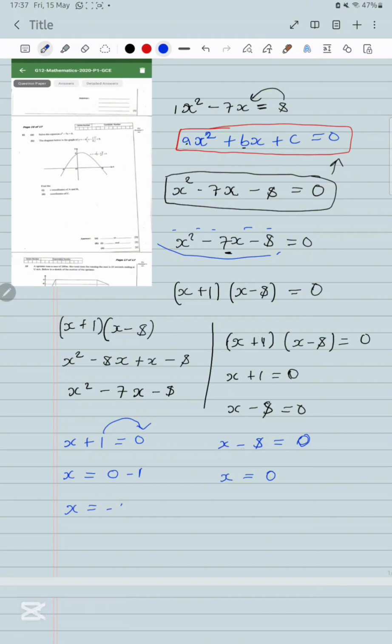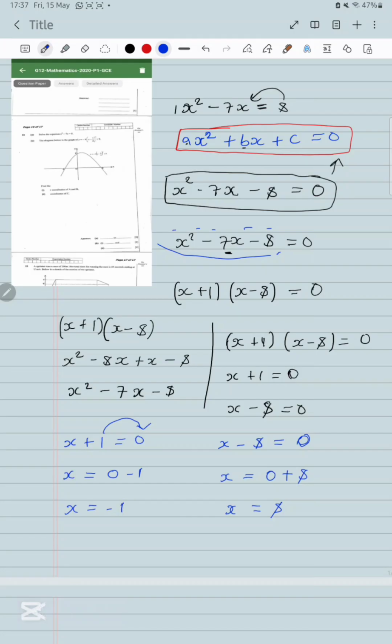If negative 8 crosses the equal sign, it becomes positive 8. So x is equal to 0 plus 8, which becomes 8.